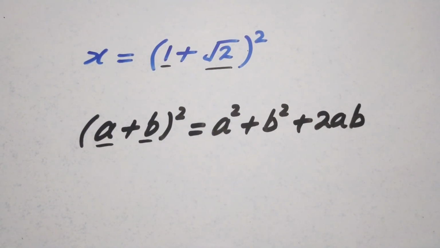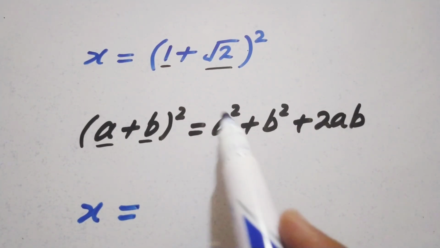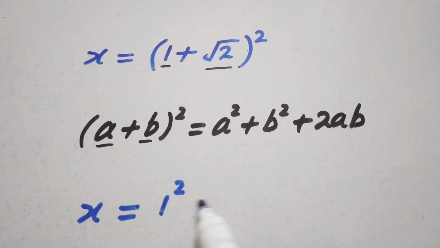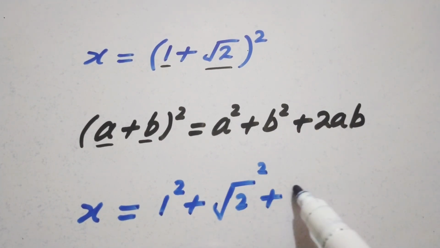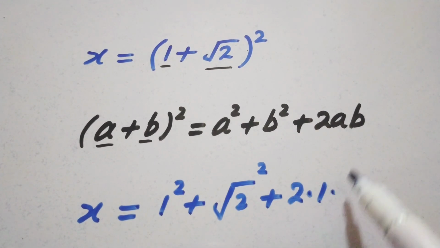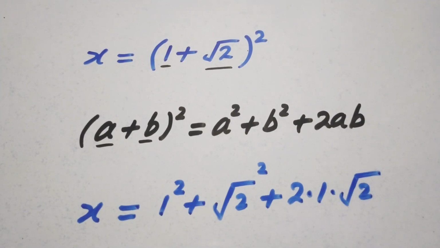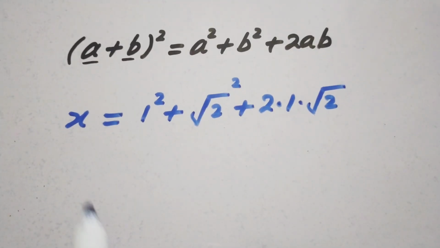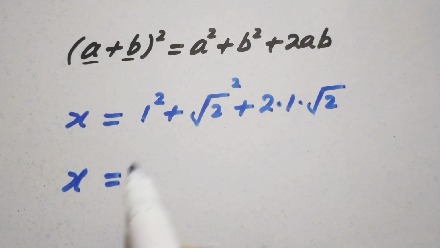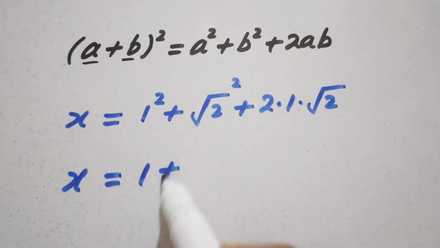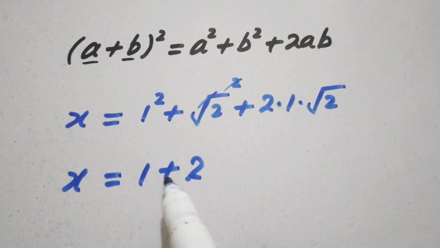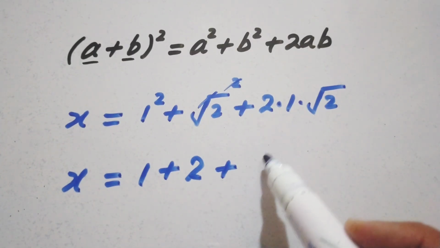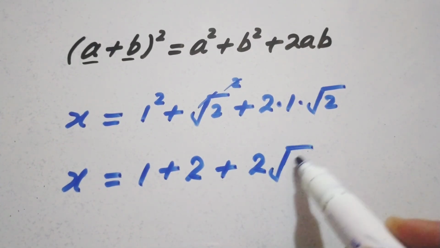The above equation, x is equal to a squared, meaning 1 squared, plus b squared, meaning square root 2 squared, plus 2 into a, which is 1, into b, which is square root 2. So now x is equal to 1 squared, which is 1, plus this square root and square cancel out each other, here 1 plus 2 multiplied by 1, which is 2, into square root 2.